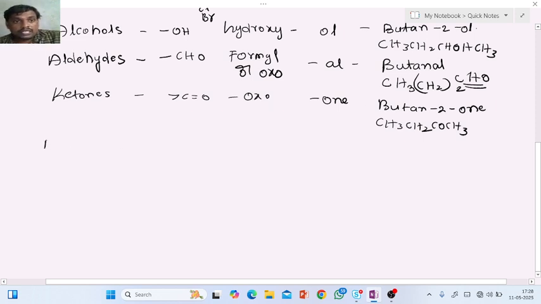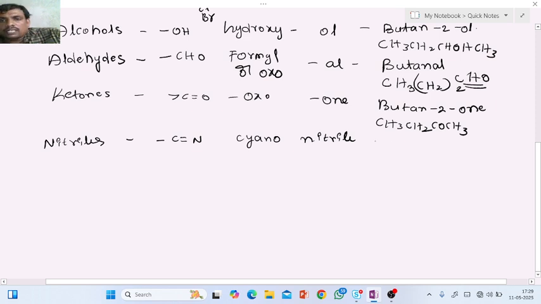And after that, let us take nitriles. What are they? Nitriles: C triple bond N. Cyano is the functional group prefix. Nitrile is the suffix. And the example, if you carefully see, is pentanenitrile. Pentanenitrile can be taken as the best example.